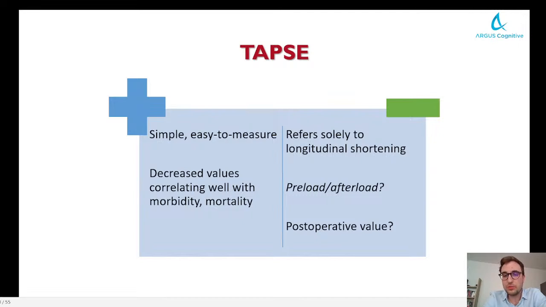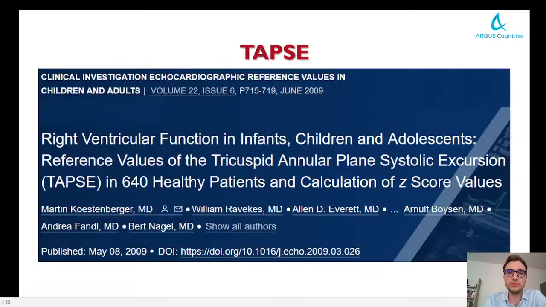And it's also quite commonly seen that the postoperative value of TAPSE, so after a cardiac surgery, is usually decreased, and it's not accompanied by right ventricular failure or signs of right ventricular dysfunction, probably due to the changes of the right ventricular mechanics. Therefore, TAPSE is quite simple to use. However, it not uncommonly fails to really deeply assess right ventricular function for us.